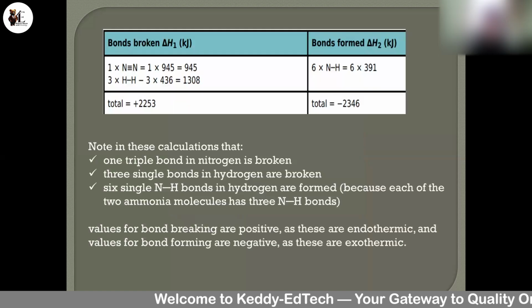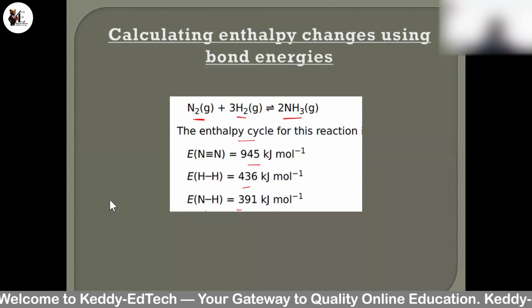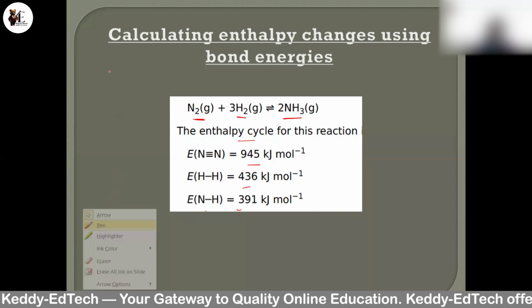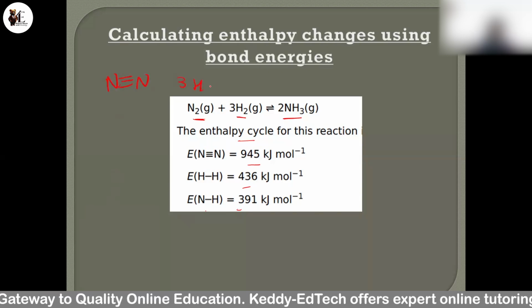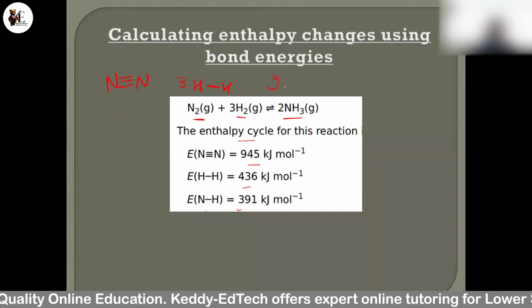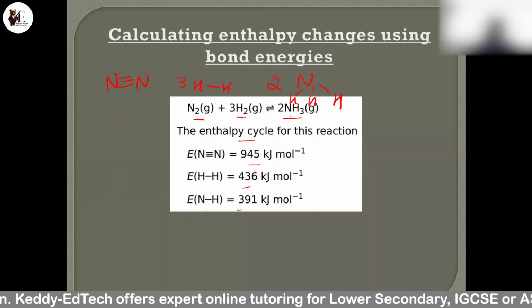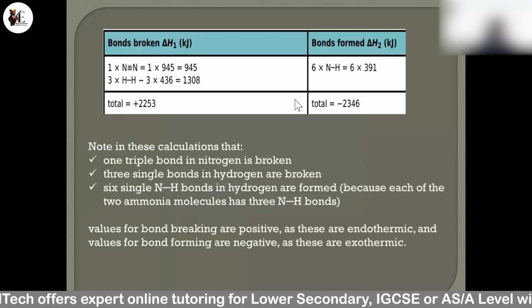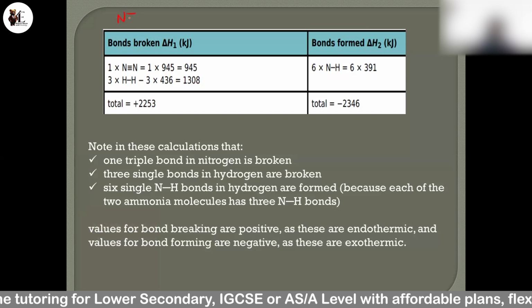Yes. See, you have to first of all make the structure like N2 plus 3H2 gives you 2NH3. So you have to break N2, 1 bond, 3H2, and then form 2NH3. So for bonds broken, you have to break the N2 bond.